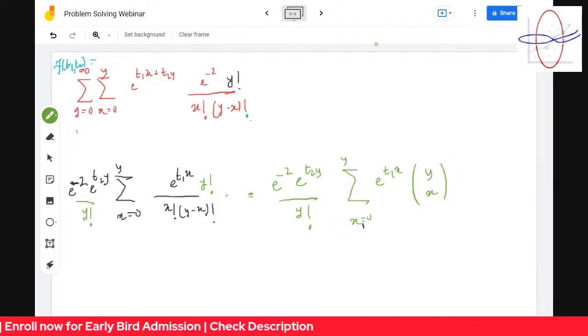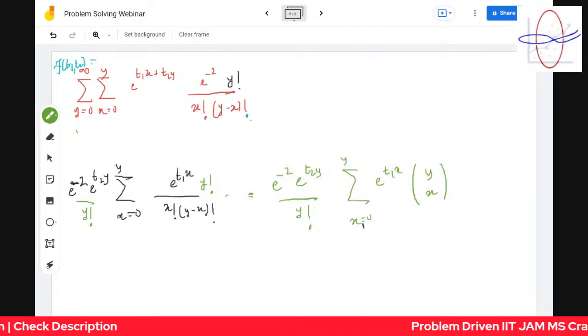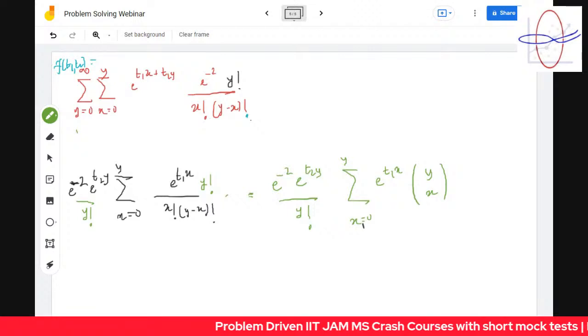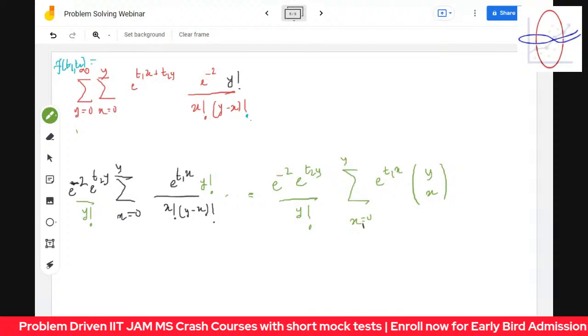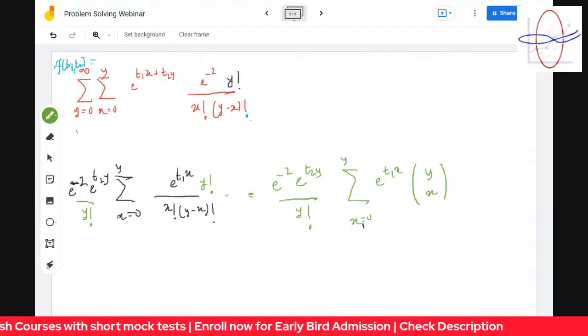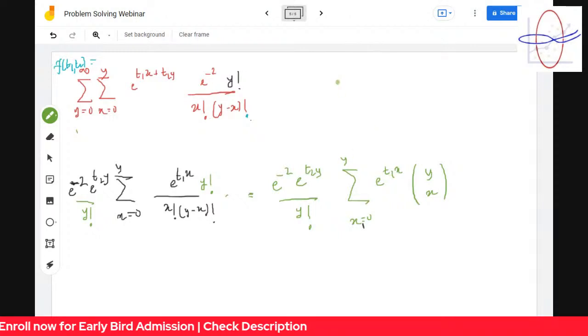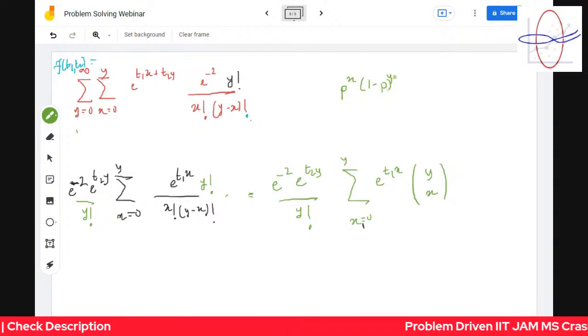So what will we do now? What is the next step? We have tried to understand it in terms of binomial, so what do we do next? Half to the power y. Okay, any other ideas? Why half to the power y? Because in other cases it's p to the power x into 1 minus p to the power y minus x.